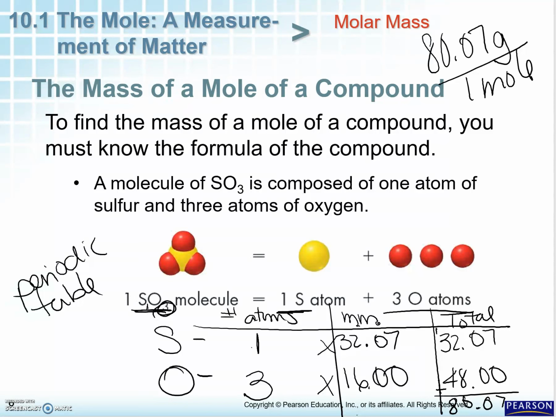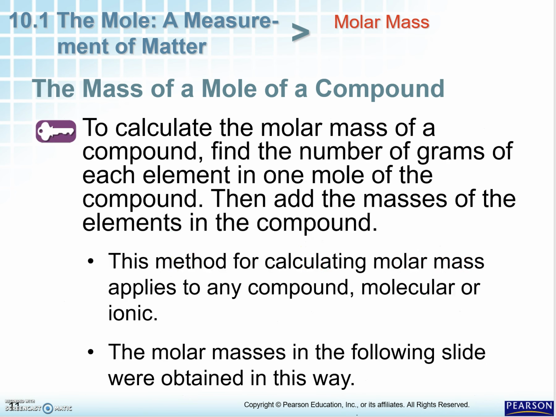That's your molar mass. So anytime you are trying to determine this portion, you want to make sure you make a chart just like this one to make sure that you are counting all of your elements, you are multiplying the correct number by its molar mass, and totaling up everything together. When you're calculating the molar mass of a compound, you want to make sure that you're finding the number of grams of each element in 1 mole.